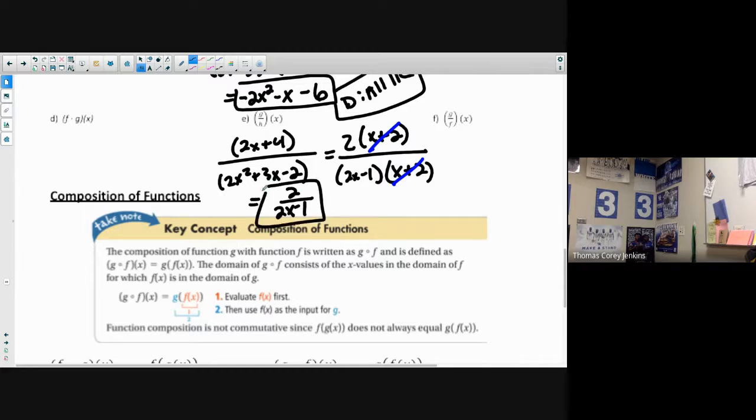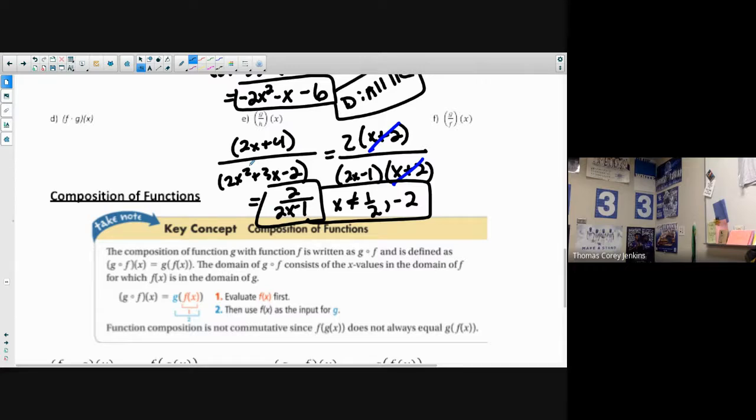And then my restrictions are anything that I could sub in here or here that would make that equal to 0. So we're going to say all real numbers except x cannot be equal to, this one would give me 1/2, and this one would give me negative 2. X can't be 1/2 or negative 2 because it makes my denominator equal to 0.